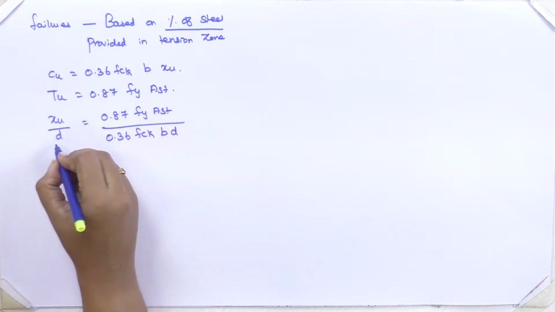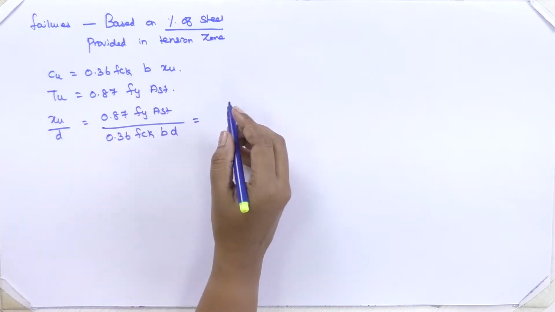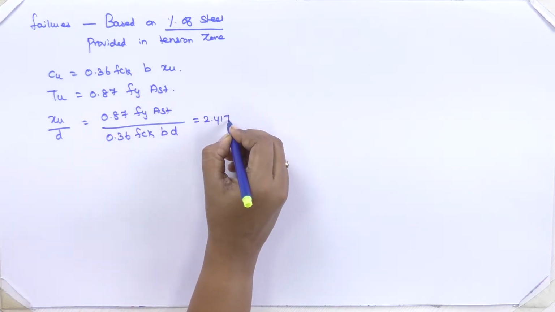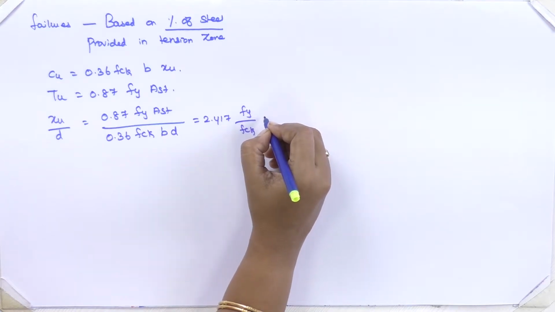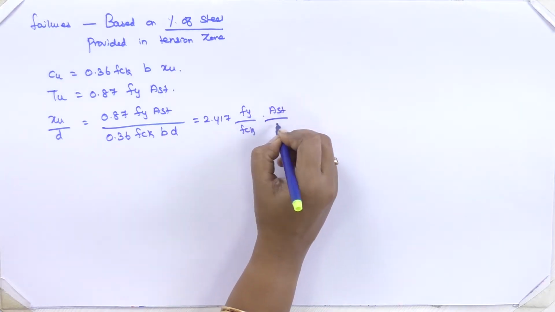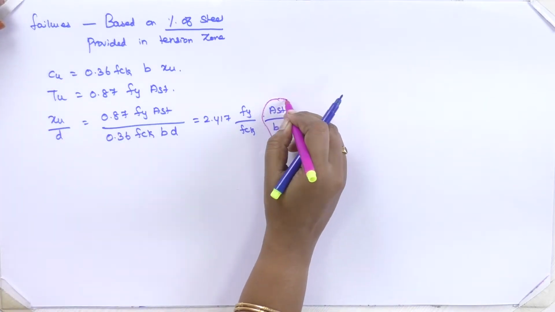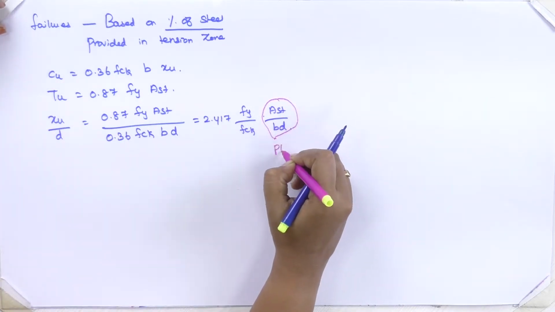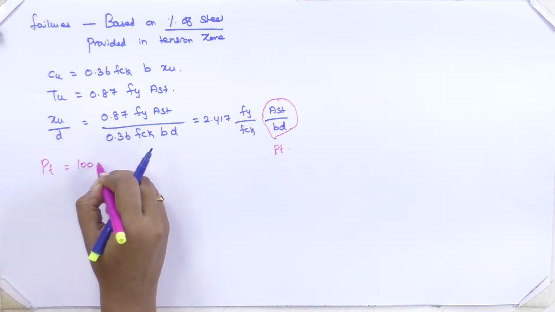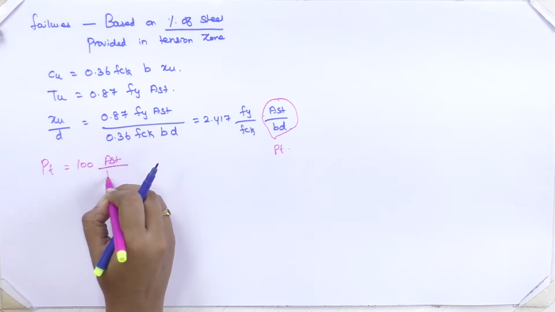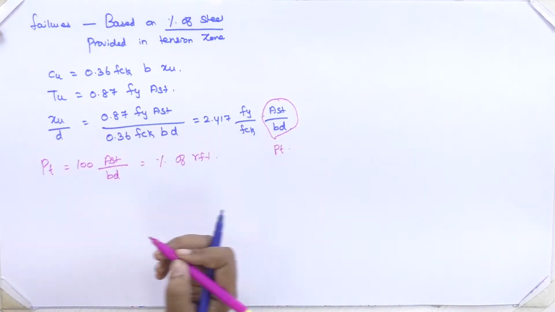Here you are adding d, here also d. So you can simplify this value as 2.417 fy by fck into Ast by bd. This Ast by bd you can write as pt, that is pt is equal to 100 Ast divided by bd, that is your percentage of reinforcement.